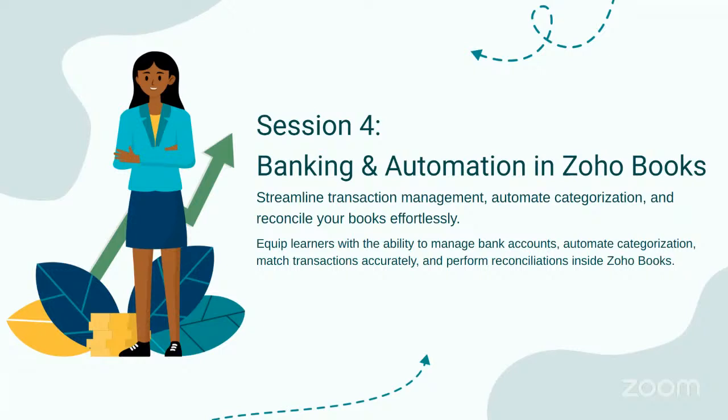Well, not anymore. This session will show you how Zoho Books takes the pain away with live bank feeds for select countries, that includes US, UK, and some banks here in India, automated matching and categorization, smart reconciliation tools, and custom rules that save hours every week.